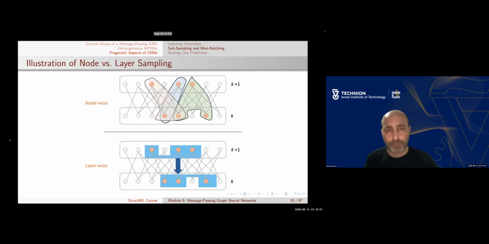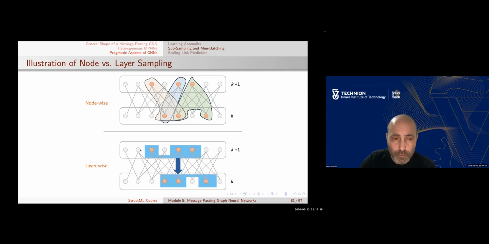So that's the idea. Here I just put the two techniques pictorially, again trying to emphasize the difference between them. Node-wise, we take every node and we compute a set of neighbors, or the samples for this node from the previous layer, regardless of what we did for the other nodes.